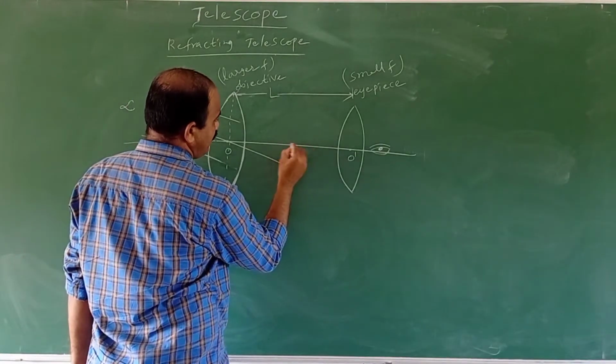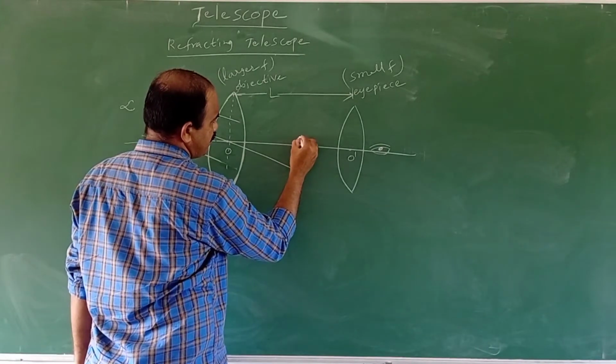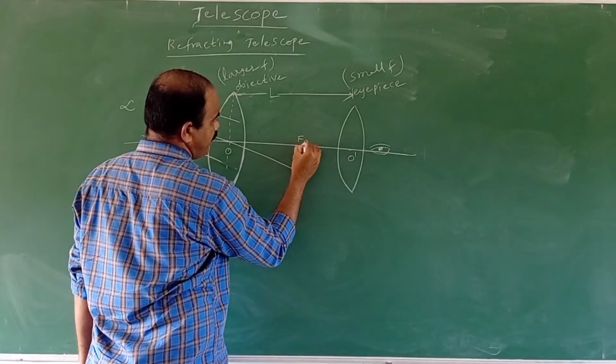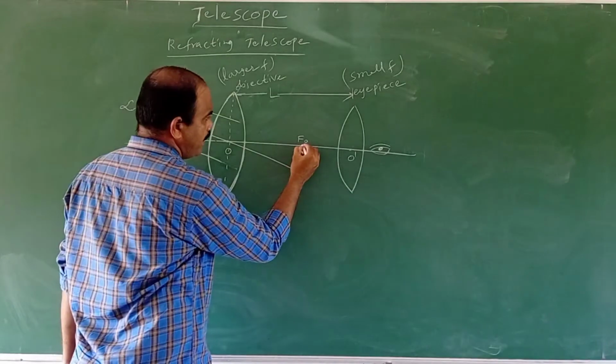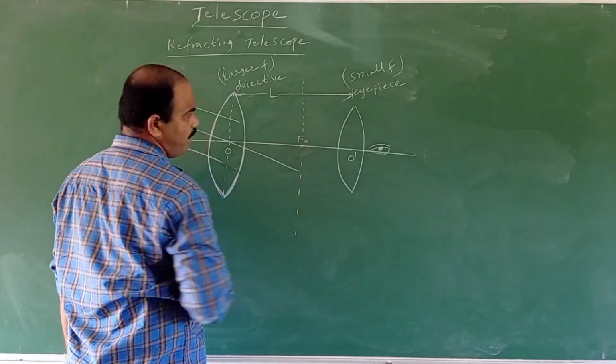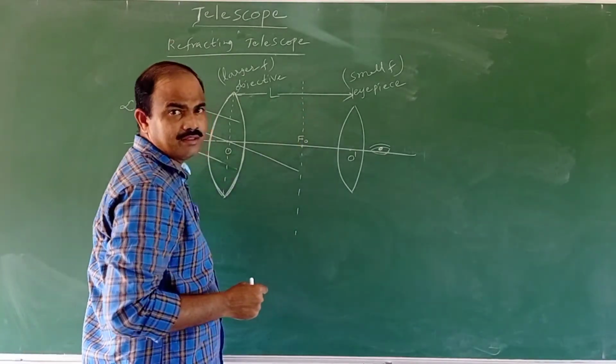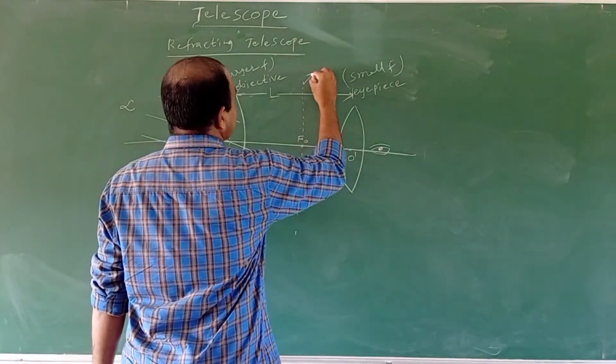Now this objective has a larger focal length. Consider this is the focus of the objective, F0. When I draw a vertical plane passing through the focus of the objective, that will be called the focal plane.